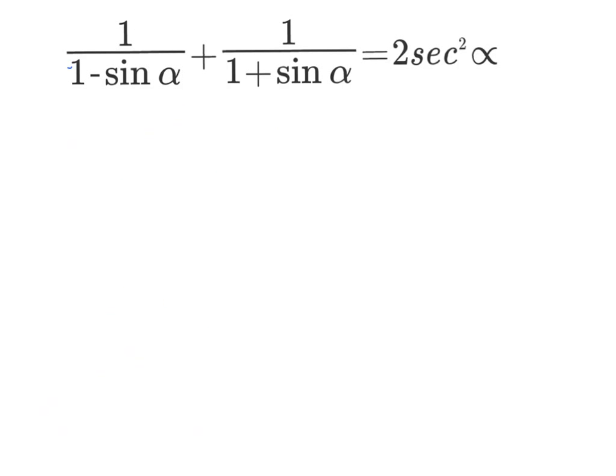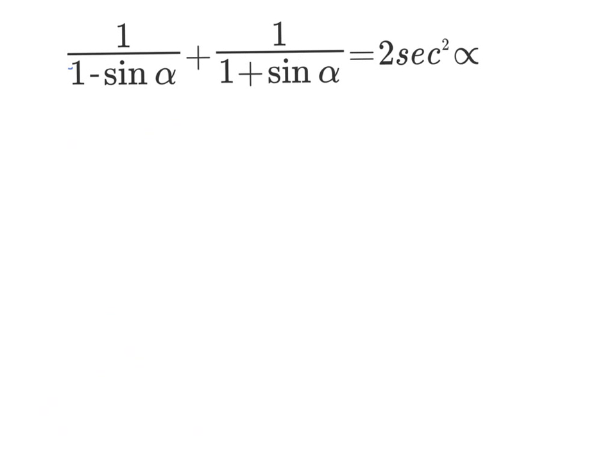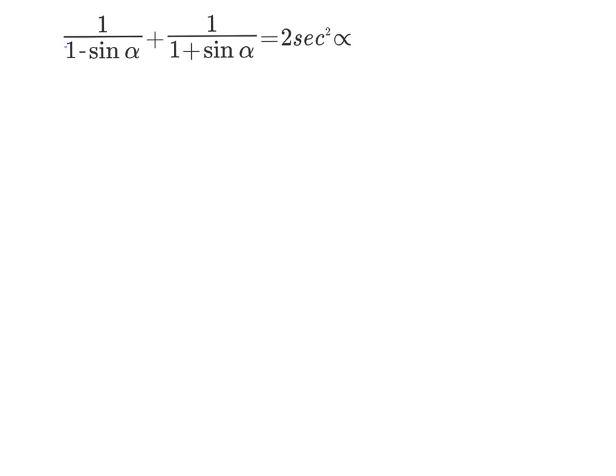Here's another example where the left side seems to be a little more complicated than the right. And on the left side, I'm looking at 2 fractions. And maybe we can add those together, but first we're going to need a common denominator.